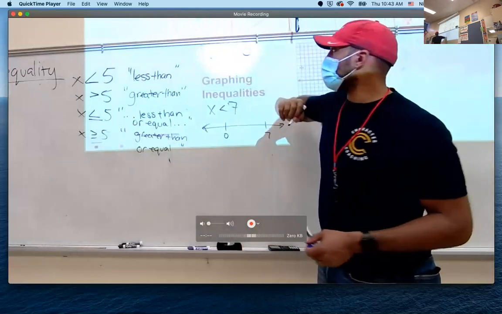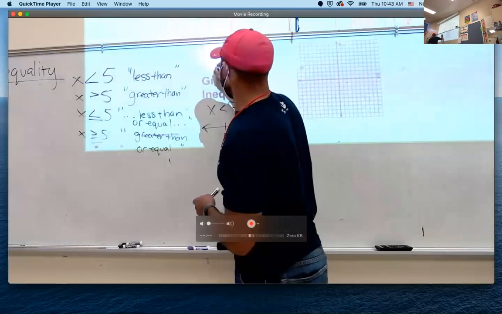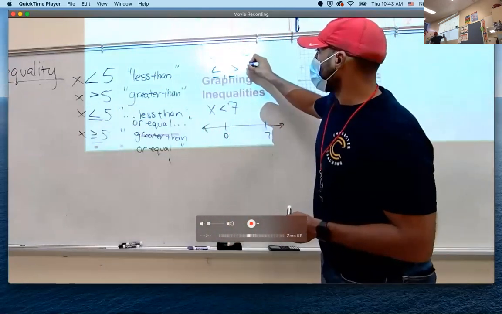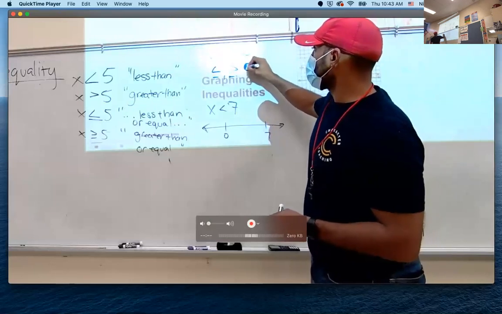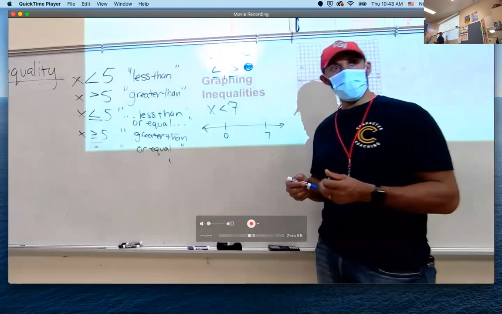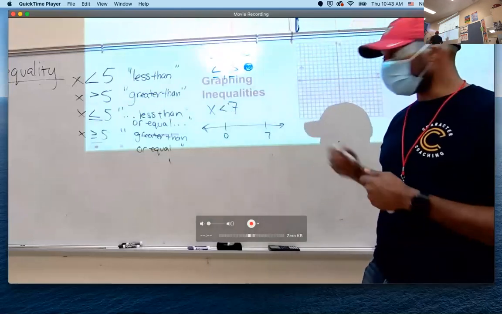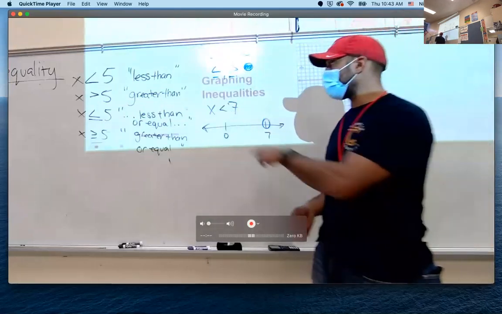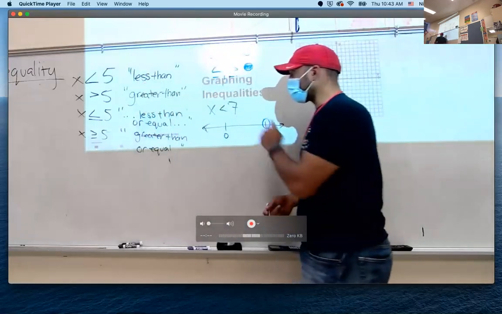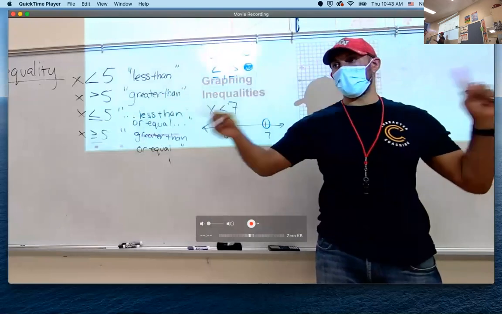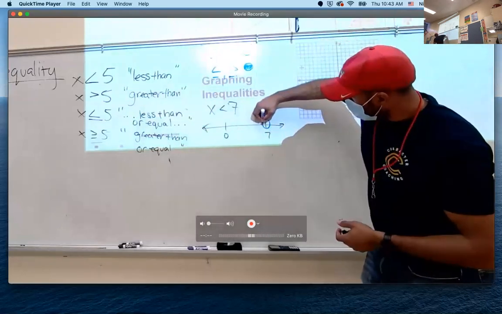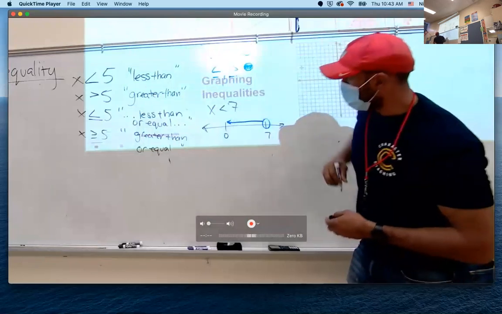Open, right? Whereas if it was like this, then we put a closed dot. So on this one we use an open dot. Now it says x is less than, so which way do we point the arrow? We go this way, less than.